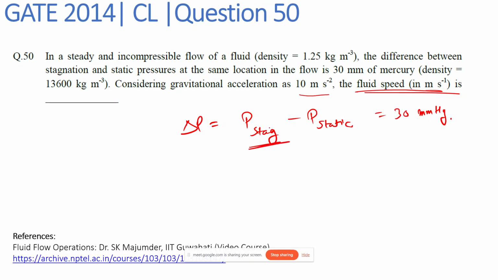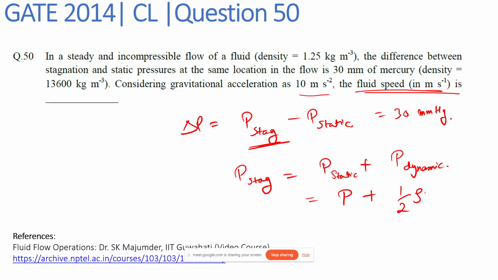We define the stagnation pressure as the summation of static pressure plus dynamic pressure. The static pressure is the usual pressure, and dynamic pressure is due to the flow of the liquid. That is, dynamic pressure we can write as half rho v square, where rho is the density of the fluid and v is the average velocity of the fluid.